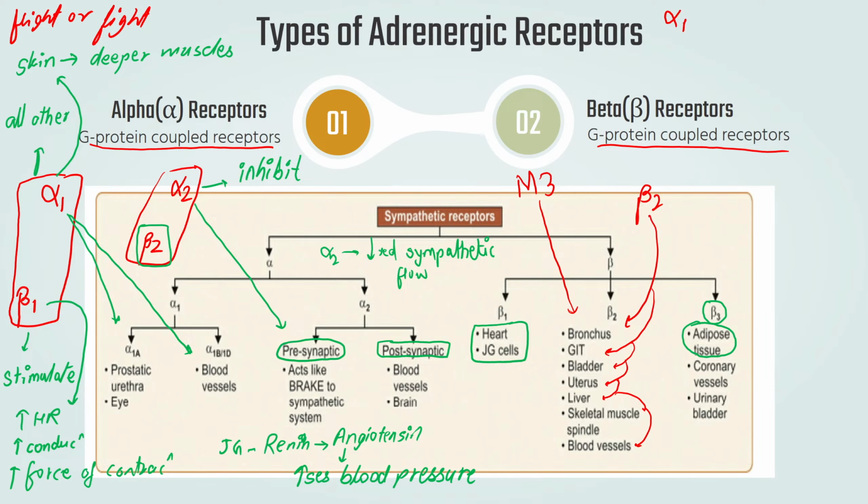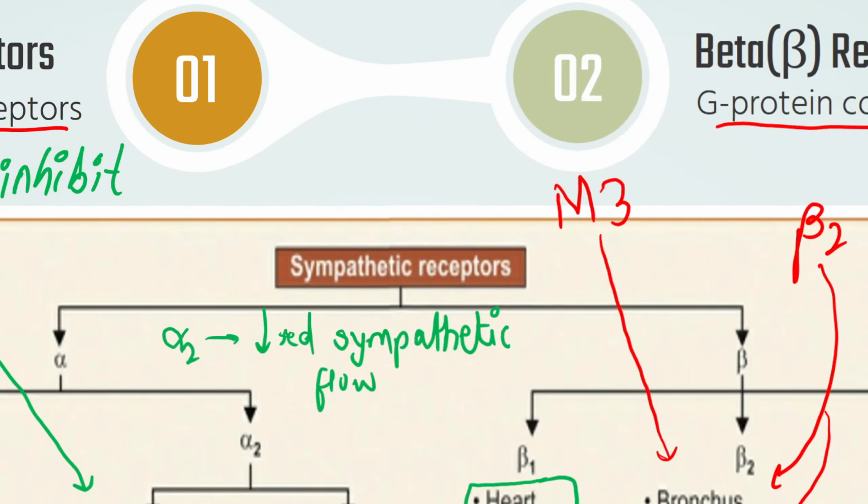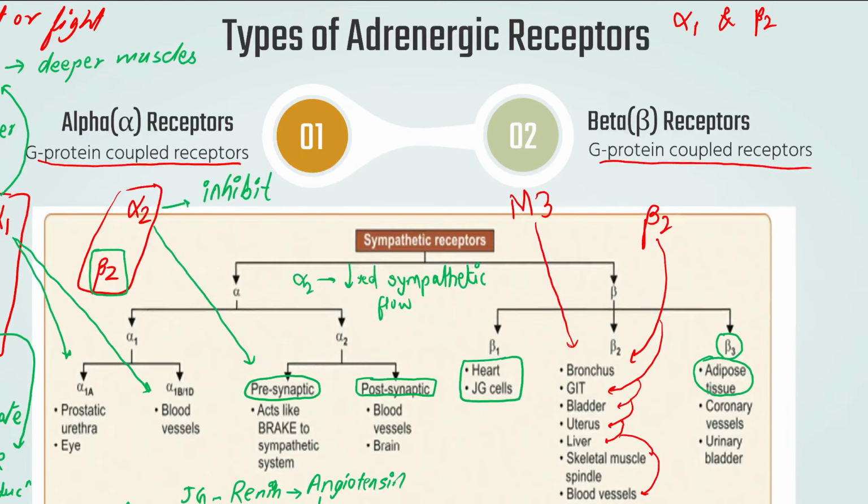Alpha 1 and beta 2 both are present in the blood vessels. So how can we remember in which blood vessel vasoconstriction is happening and in which blood vessel vasodilation will happen? So for that we'll have to move on to the functions of the adrenergic receptors.